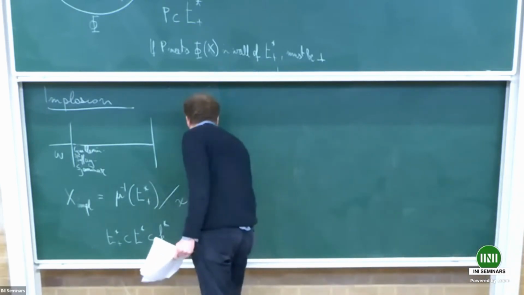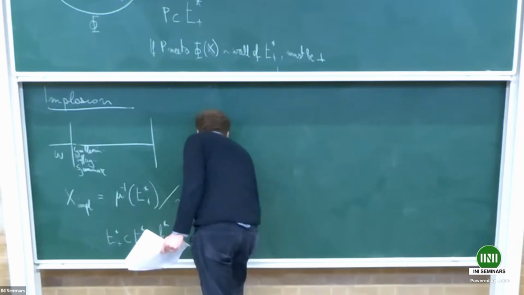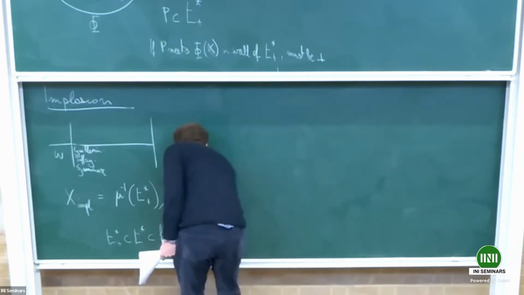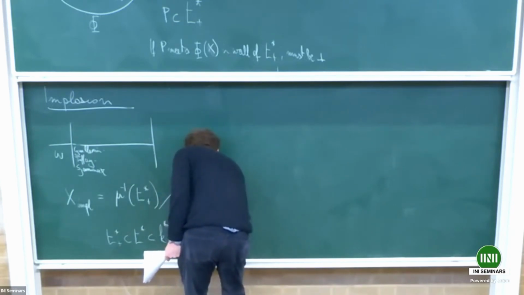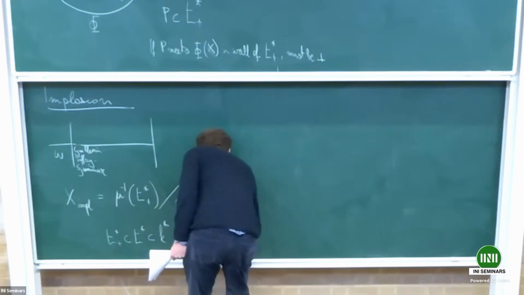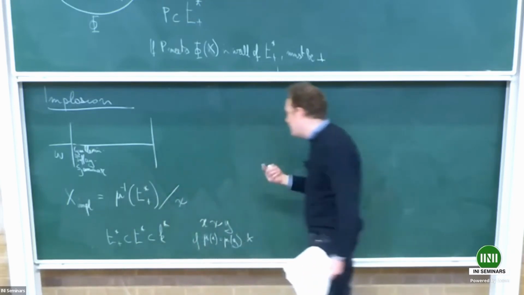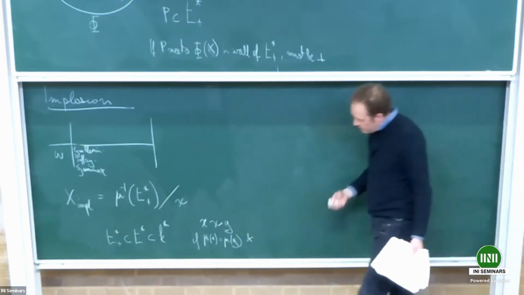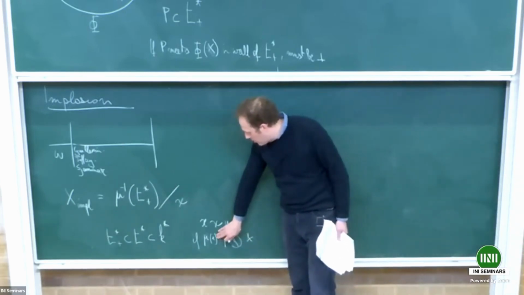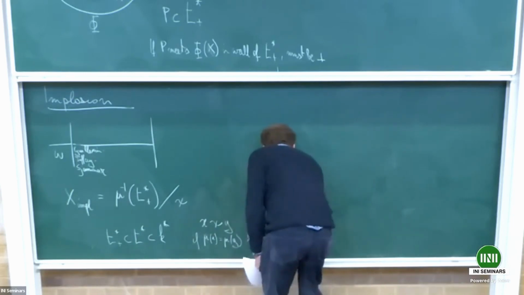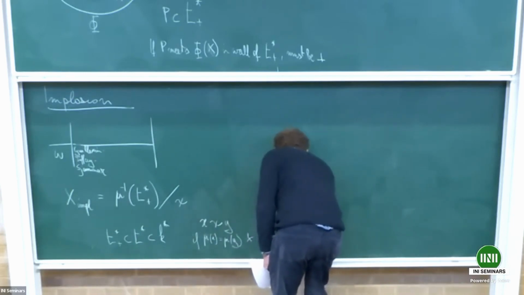What that means is that two points x and y, I have to declare them equivalent if they have the same moment map and they lie in the same orbit for the commutator of the stabilizer of this point.